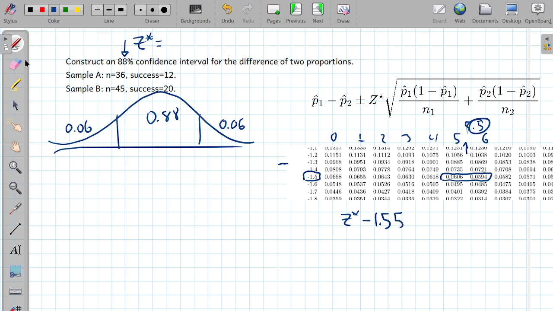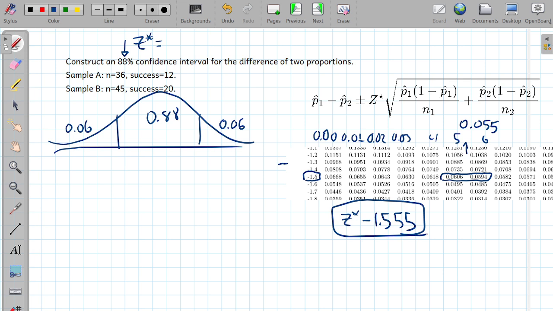Hang on, I screwed that up, didn't circle that big enough. Boom. So this is 0.055, because remember these are 0.1, 2, etc. So we have this. This will be our critical value for this question.